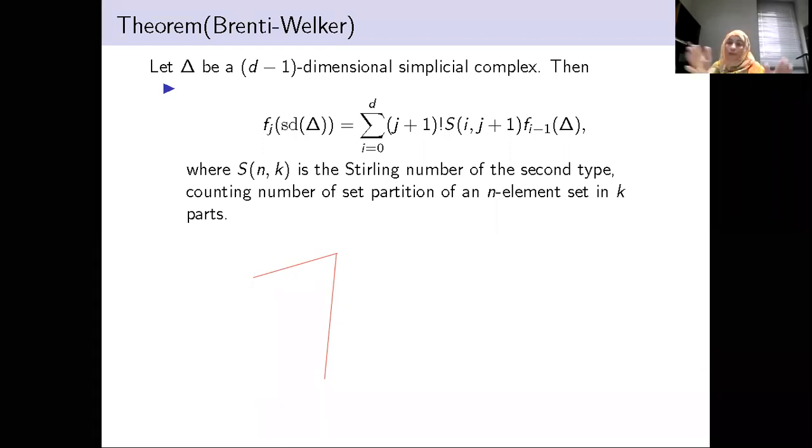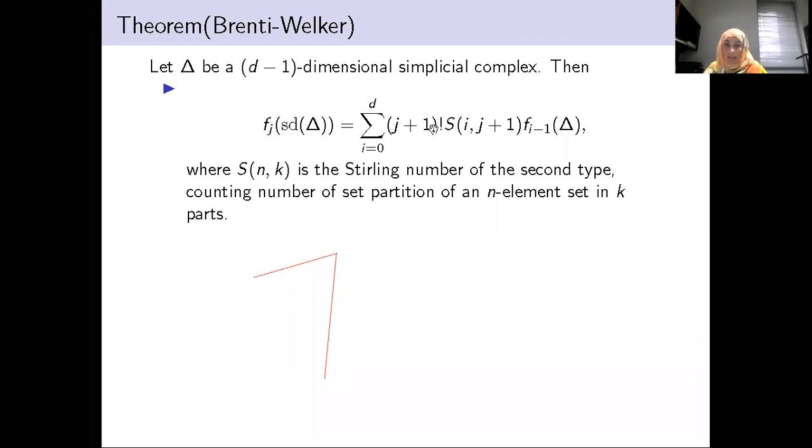So if you have a set with cardinality n and you divide it into k parts, how many partitions are there? This is called the Stirling number of the second kind. And the f-vectors of these barycentric subdivisions are given by this.